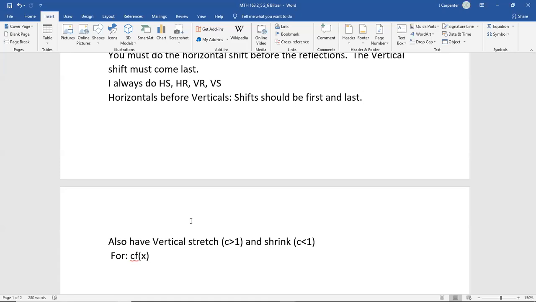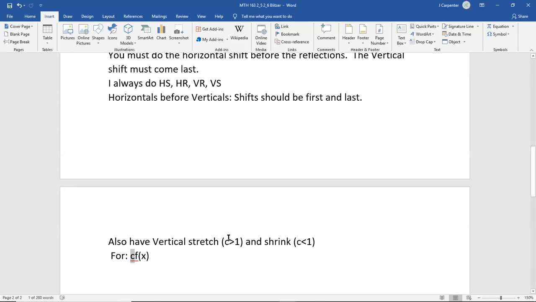But a vertical stretch or a vertical shrink is when you have a number in front of the core. We've seen things in front of the core so far, but it was just a negative. So a negative meant a vertical reflection. If you have a number in front of the core, that's C, that is going to cause the graph to either grow quicker or grow slower.